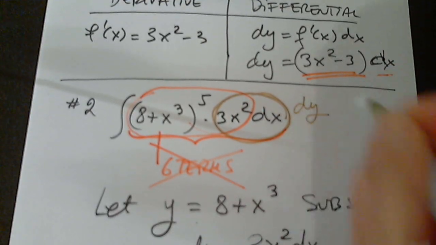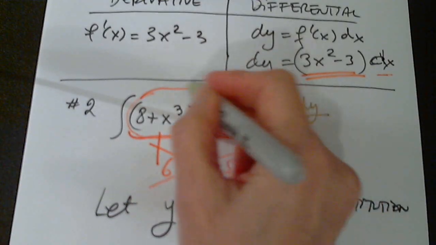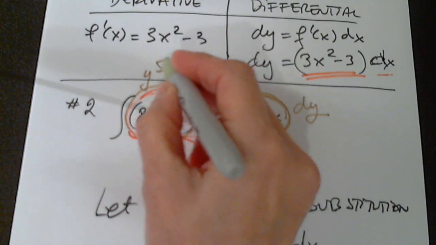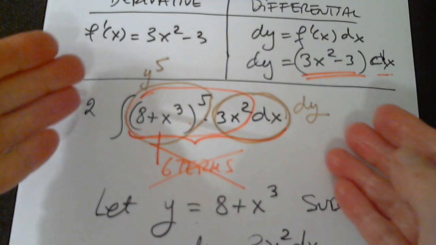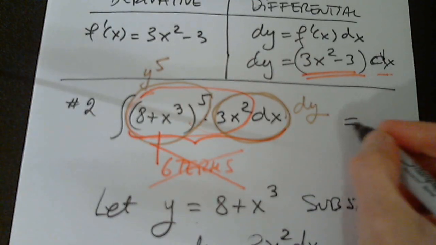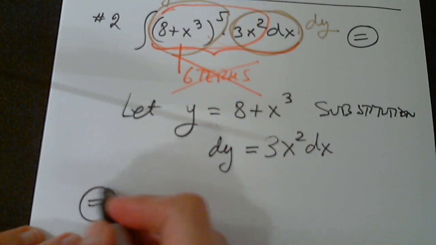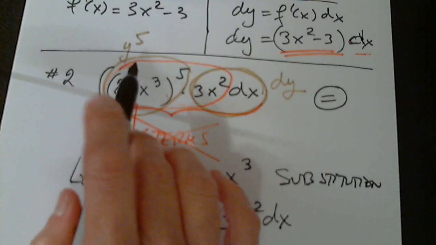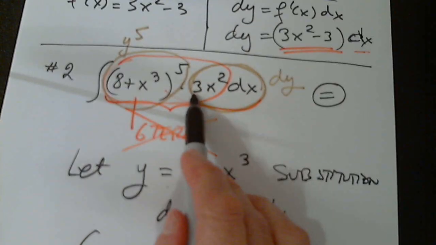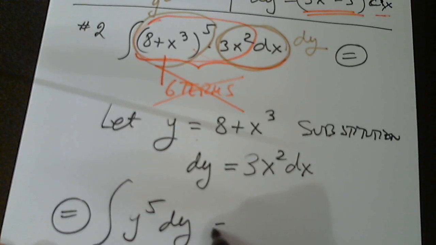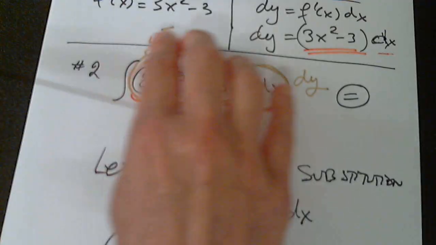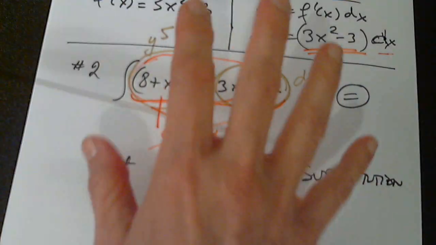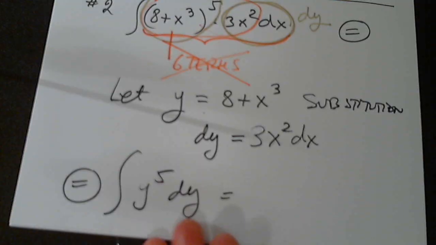This is my dy. And this is y to the 5th. So I am replacing this integral by the indefinite integral of y to the 5th dy. With this very simple substitution, I changed an integral that looked horrible, terrible to work with, into something that is extremely easy.